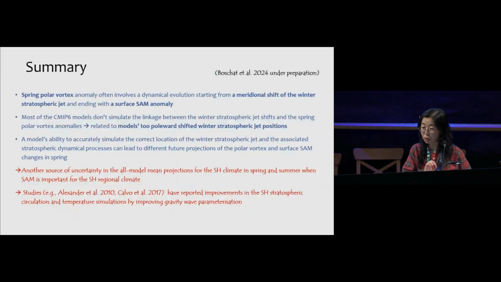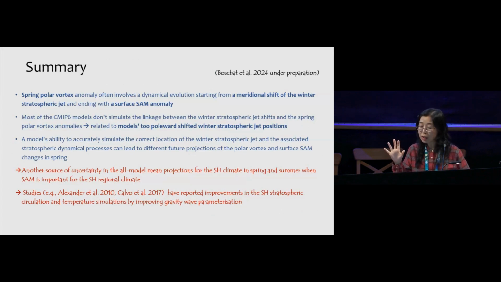So to conclude, our model evaluation results point to another source of uncertainty in the all model mean projections for the southern hemisphere climate in spring and likely in summer as well, when the stratospheric polar vortex changes significantly impact the SAM and associated Southern Hemisphere regional climate changes.